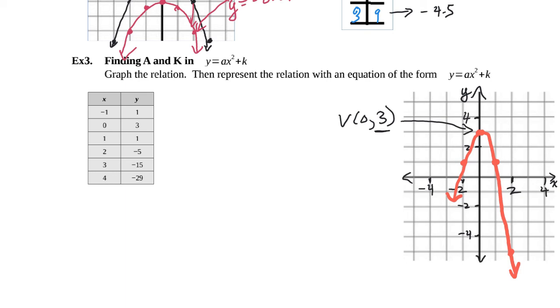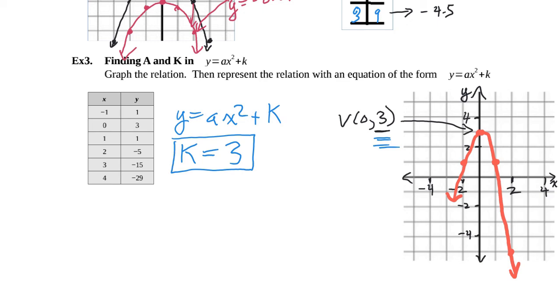So that means in our original equation, y is equal to ax squared plus k, that this is k. So k is equal to 3. So it's always k comes from this vertex every single time.